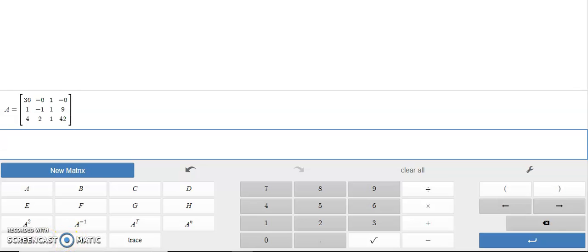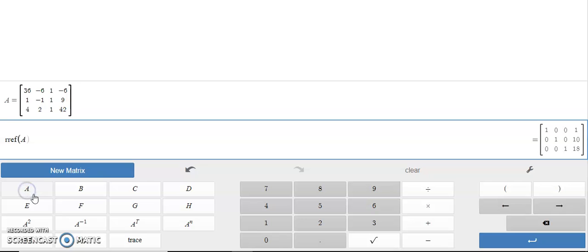And then I'll remember that the command to simplify the matrix into reduced row echelon form is this RREF at the bottom. I will click the capital A because that's what our matrix is called. And then our simplified matrix is over here. So the A should be a 1, the B should be a 10, and the C should be an 18.